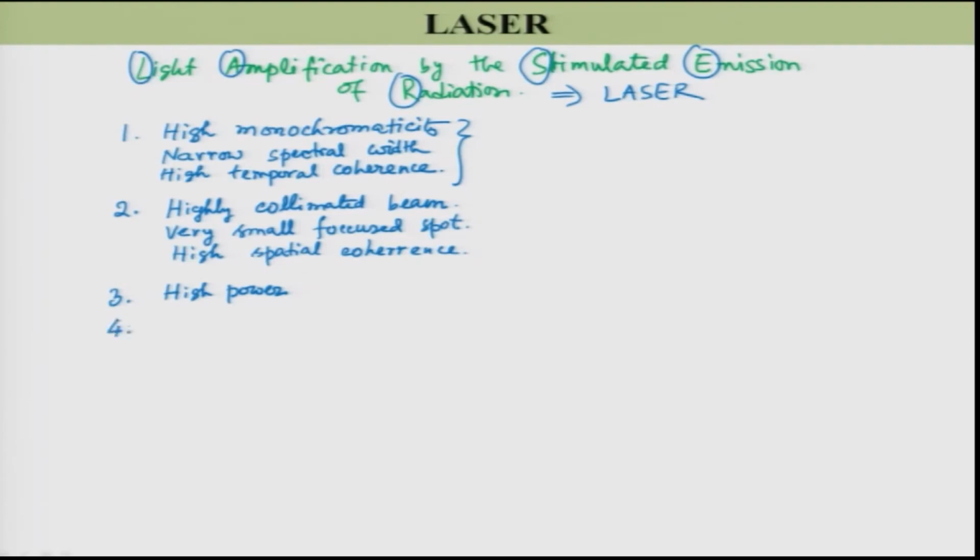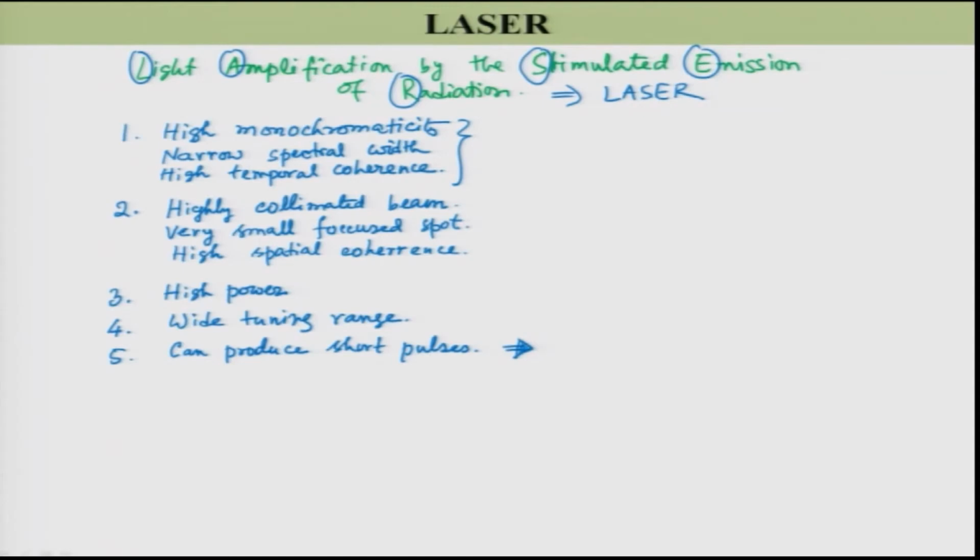The fourth property is that lasers sometimes can have a wide tuning range. And the fifth property, which we are actually interested in for this particular discussion, is that these lasers can produce short pulses. We will discuss this fifth property briefly, because the other properties we are not going to discuss here.